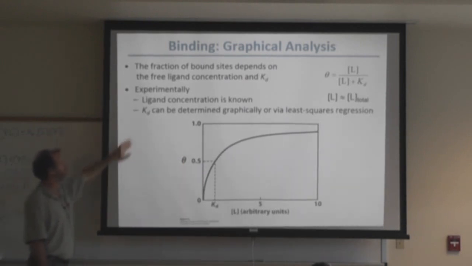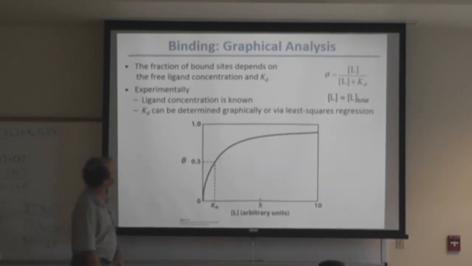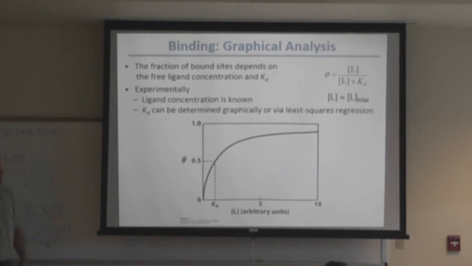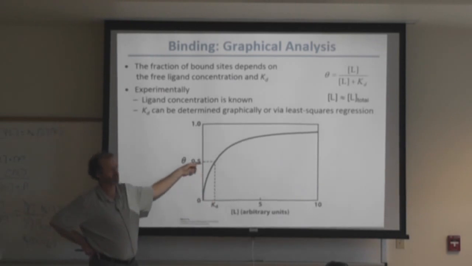The Kd can be determined graphically via least squares regression, basically. And Kd is actually the concentration at which 50% of the sites are bound.